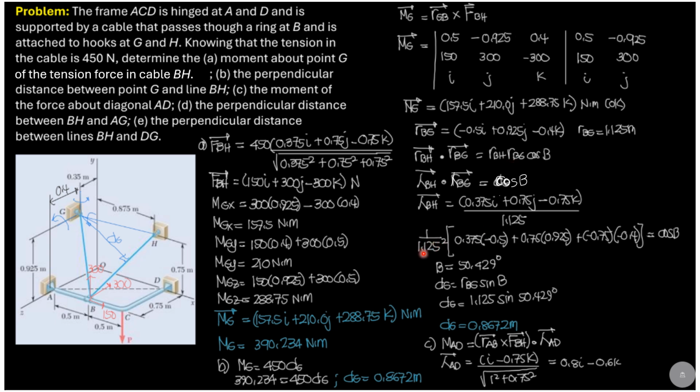So that's why we divide everything by 1.125 squared to solve for this angle beta. Solving for angle B, angle B is 50.429 degrees.